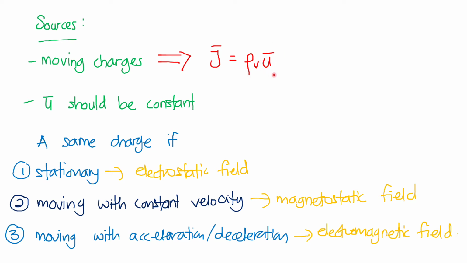If it is stationary, a charge will emit the electrostatic field. But if the u here is constant, it will produce a magnetostatic field. However, if this u involves acceleration and deceleration, it will produce the electromagnetic field. But in this topic, we are going to consider only the moving with constant velocity, since magnetostatic field is our topic now.